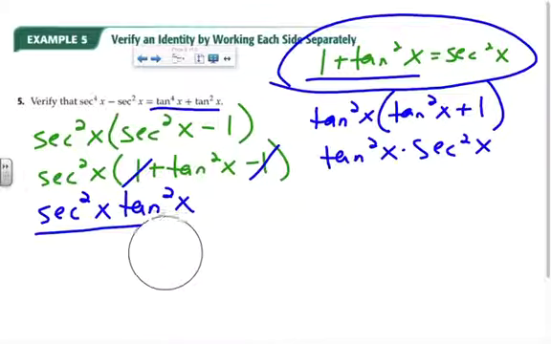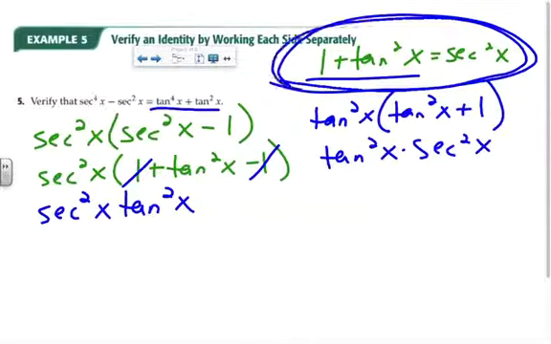I'm going to erase this underlining so it doesn't look like a fraction. If I'm using this trig identity, I can substitute in for this secant squared x, that 1 plus tangent squared of x.